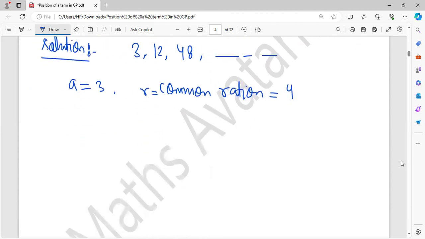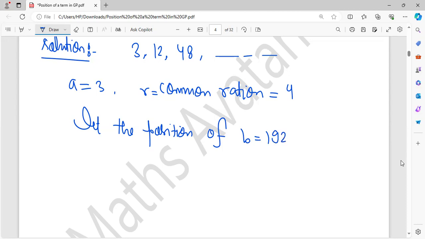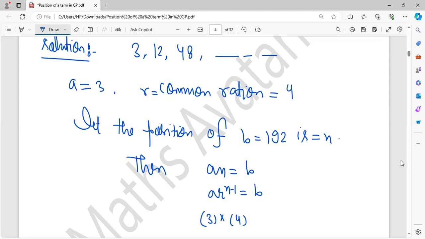Let the position of B equal to 192 be n. Then An is equal to B. A R to the power n minus 1 is B. What is A? A is 3. What is R? R is 4. B is 192, divided by 3 gives 64.